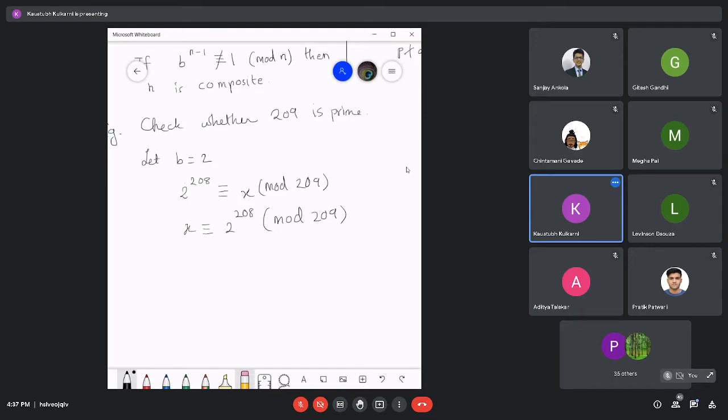Now how will you calculate 2 raised to 208?